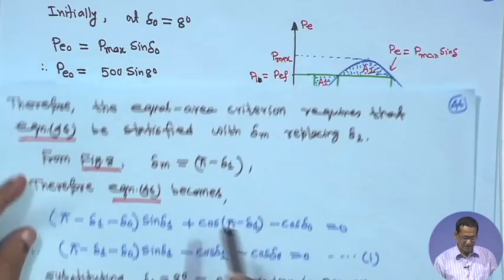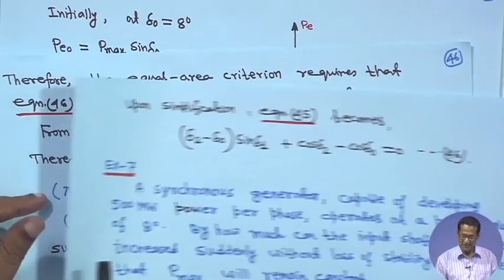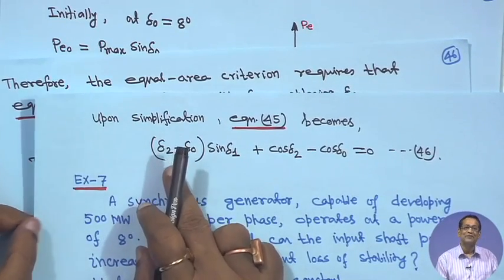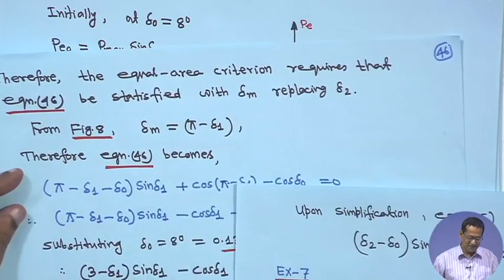So, in this equation, delta 2 is equal to delta m, which is equal to pi minus delta 1.